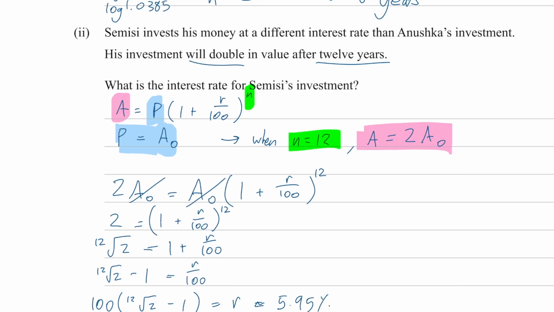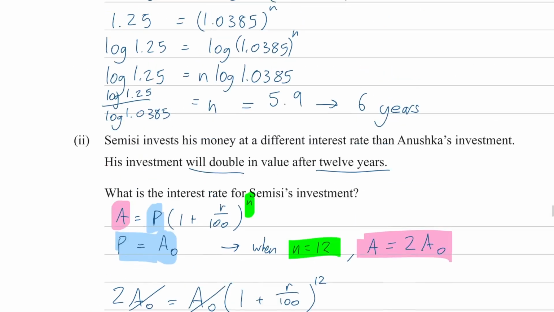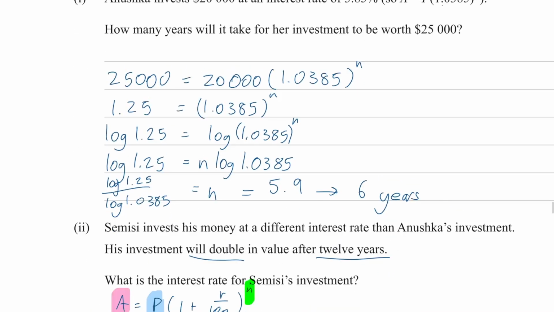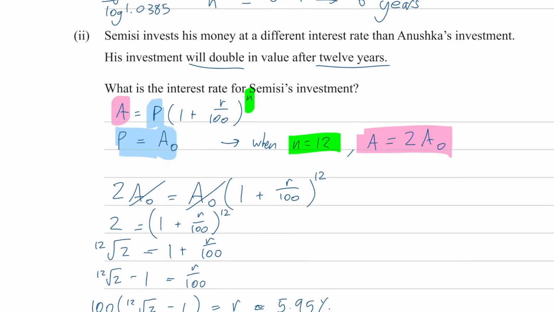That's a much better interest rate, right? Almost double, not quite double. But yeah, so Semesi picked a better investment, and we worked out his interest rate by introducing this variable A0, substituting it into the investment amount equation. We're able to eliminate A0 and then solved for the rate.